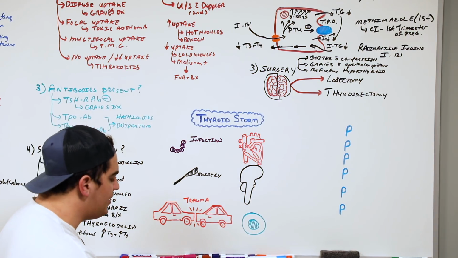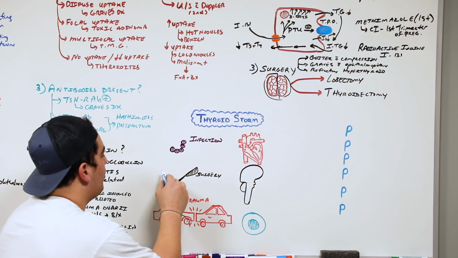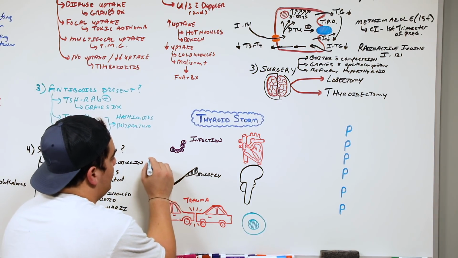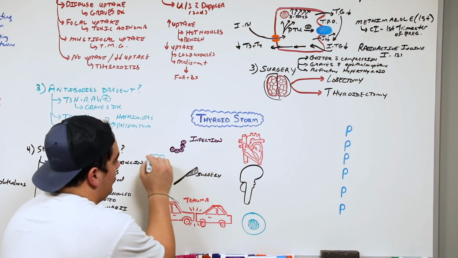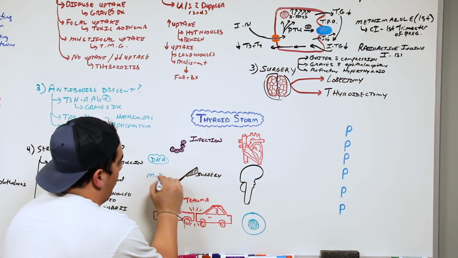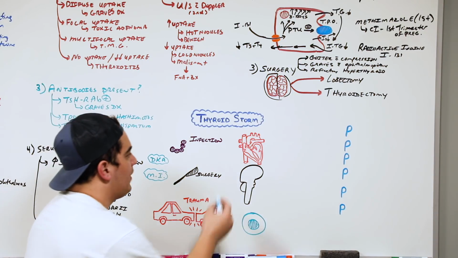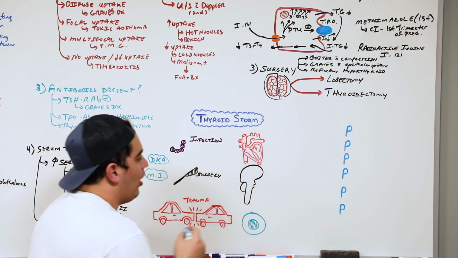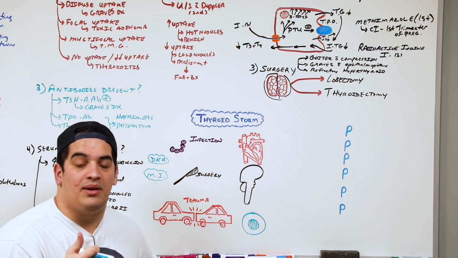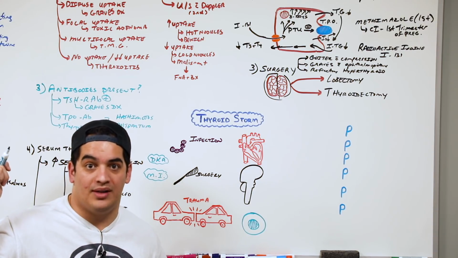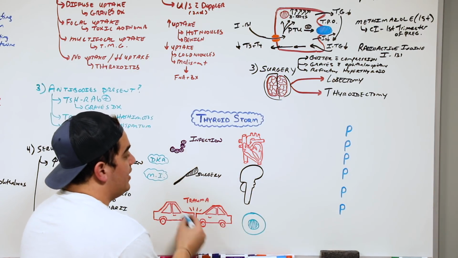There are other reasons. I'll add them on. 2 other ones to take into consideration are what's called diabetic ketoacidosis and myocardial infarctions. Any of these things, what they do is they increase the already exaggerated sympathetic nervous system in someone with hyperthyroidism. So what's the overall effect of this going to do?